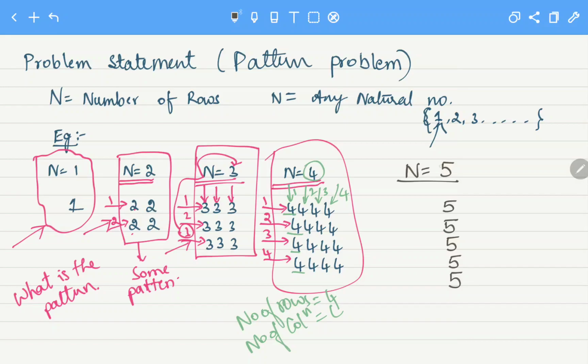The second thing we found is that the number of rows should equal the number of columns, and here it is 1, 2, 3, 4 and 5. The column is only 1, so we will extend it to 3, 4, 5 and we will fill all the values.